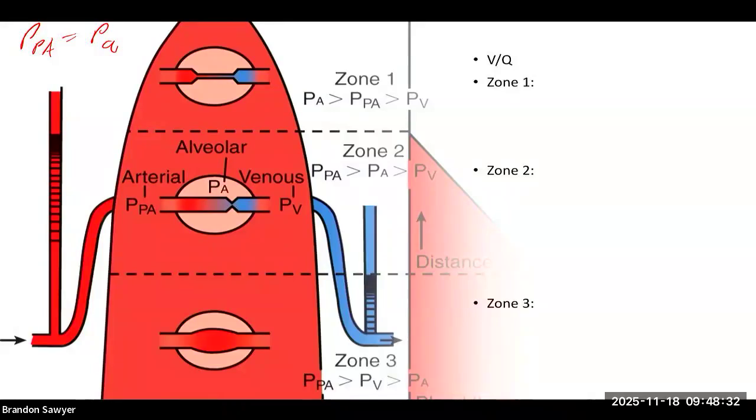The capillaries are linked right to that alveolus, so it starts smashing down those little vessels. So we have dominant pressure with the air here, which is greater than the blood pressure we're creating to get the blood through the capillaries, which is way greater than the pressure over here on the venous side. Okay, so what did you guys put for the V to Q ratio here?